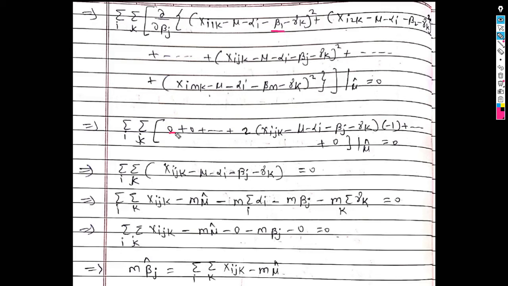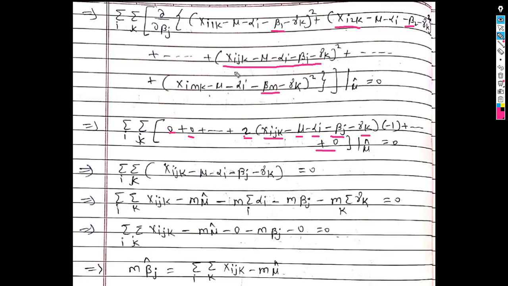Similarly, for the second term we have beta 2, so the derivative is 0, plus up to the jth term. Differentiating this term with respect to beta j, we get 2 times (xijk minus mu minus alpha i minus beta j minus gamma k) into minus 1, plus up to the last term, which is also 0 because here we have beta m.